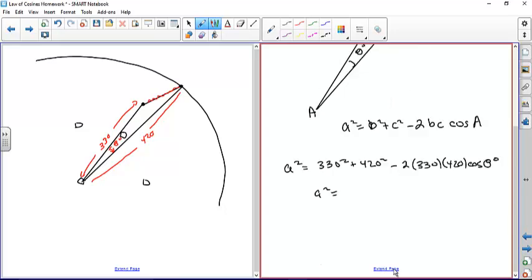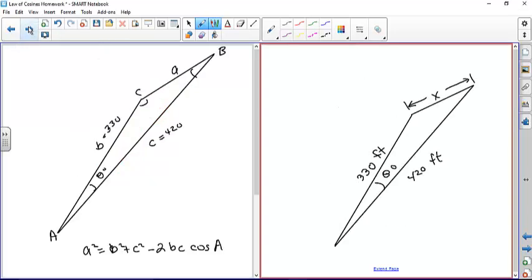Plug that into your calculator. 330 squared plus 420 squared minus 2 times 330 times 420 times the cosine of 8 degrees. And that's 10,797. Take the square root of that. You get 104 feet. And that's the right answer.